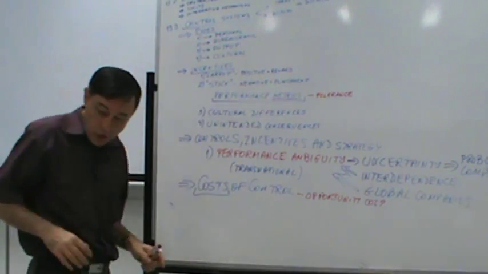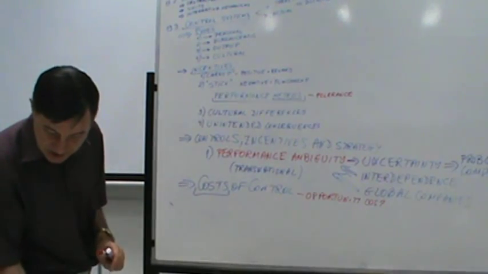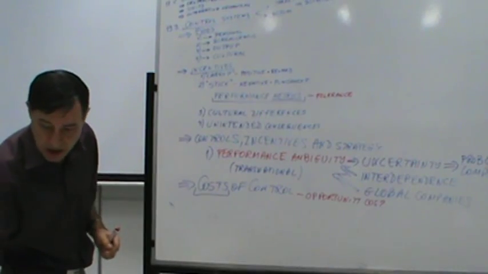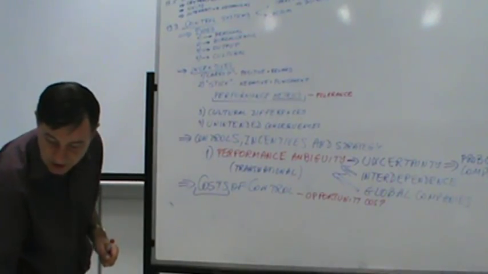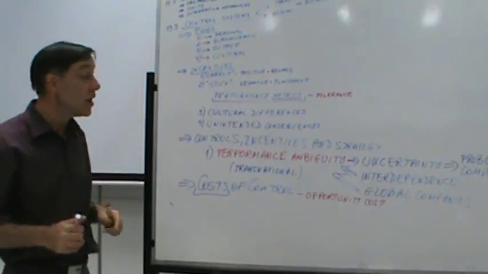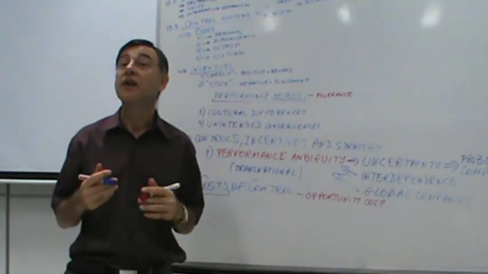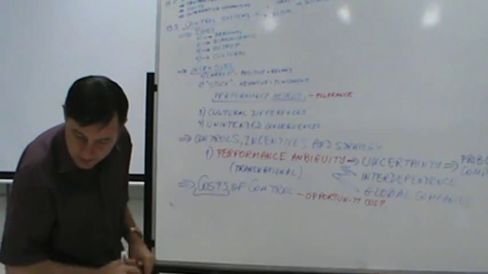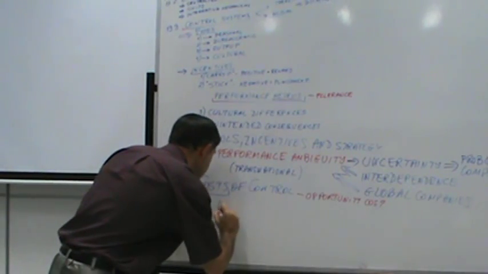All right, now we got this thing, which is the following. I'll try to summarize that little table over here in a simple way. The cost of control is lowest for localization strategy.